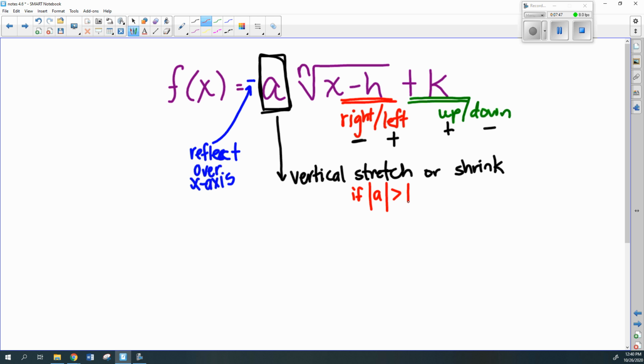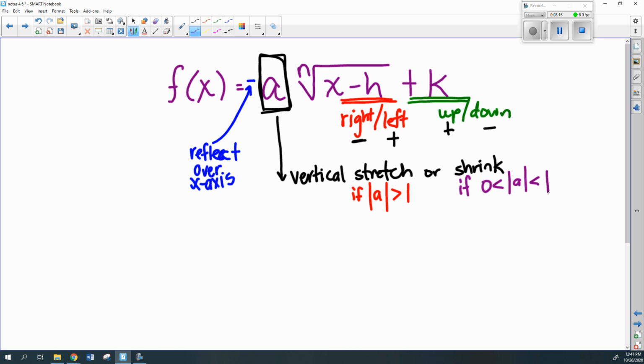That means that number multiplied in front is bigger than 1. And you're going to have a shrink if that number is a fraction between 0 and 1. And the reason I have the absolute value around it is because if it were negative, the negative does not affect the stretch or shrink. The negative means reflect over the x-axis.